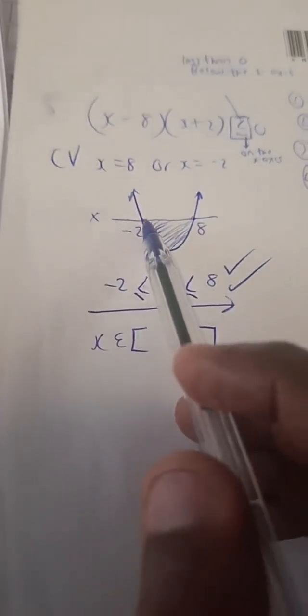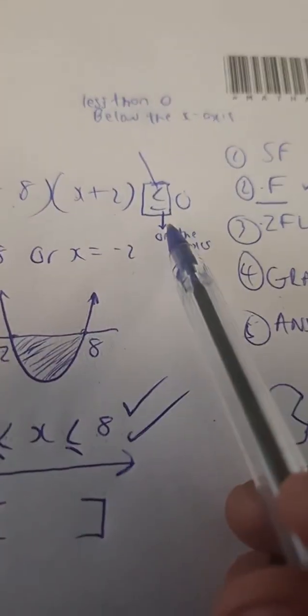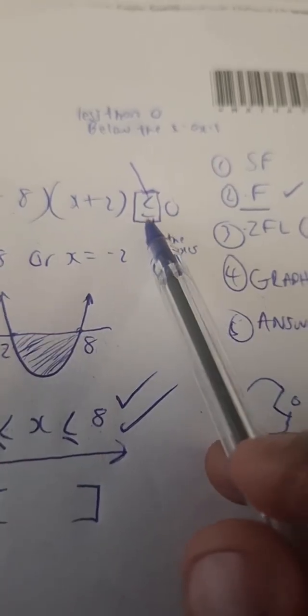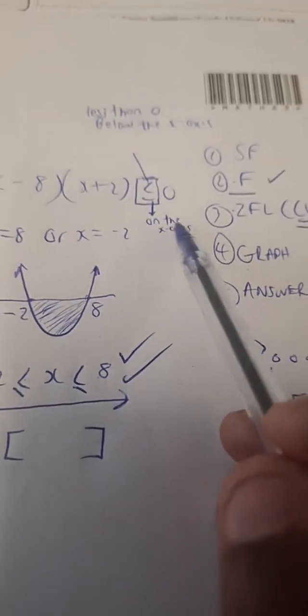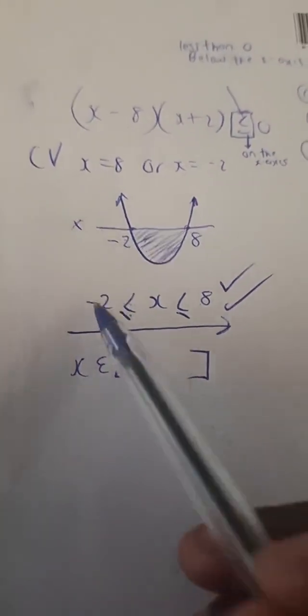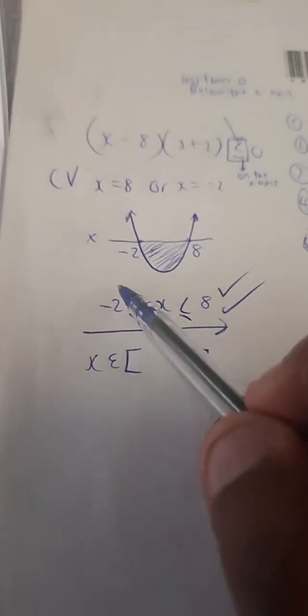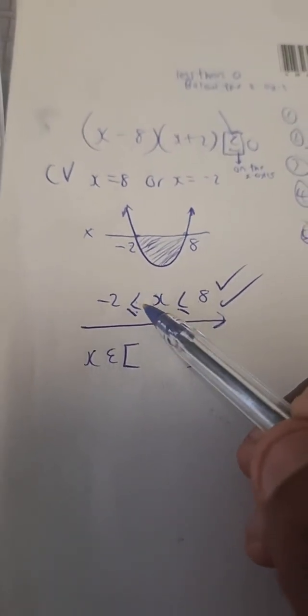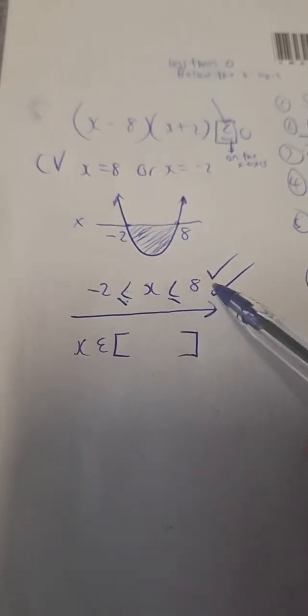So the reason why we include negative 2 and 8 is because we were told less than or equal, and the equal part means on the x-axis, on the critical values. So it must be equal to the critical values as well. It can't just be x is greater than negative 2 but less than 8.